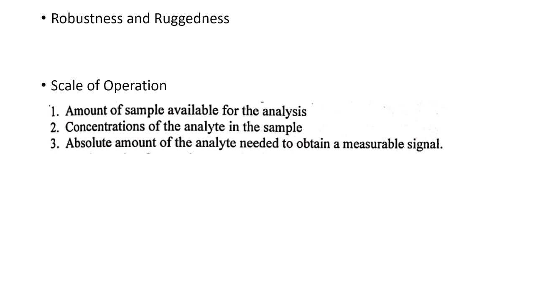Then second is concentration of analyte present in the sample. For example, I will give you the example of the Ashok Stambha of our India. King Ashoka made this Ashok Stambha, which is made up of different alloys, and still, over thousands of years, it has not rusted.